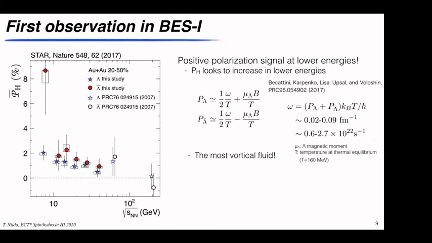Yeah, again, assuming the model written here. I see. And I don't put any experimental error bar for this estimate. This is just for a rough idea or rough discussion.